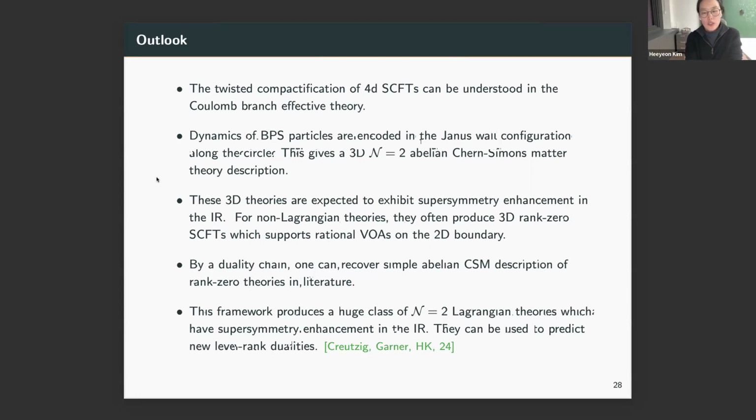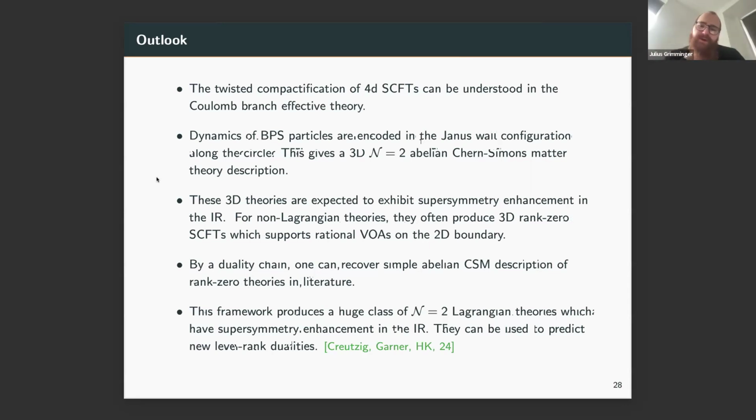In general, it's going to produce some algebra that's not rational. As an example, for the simplest case, the A1, A3 theory, the resulting 3D topological field theory is going to support the affine SU(2) at some fractional level.